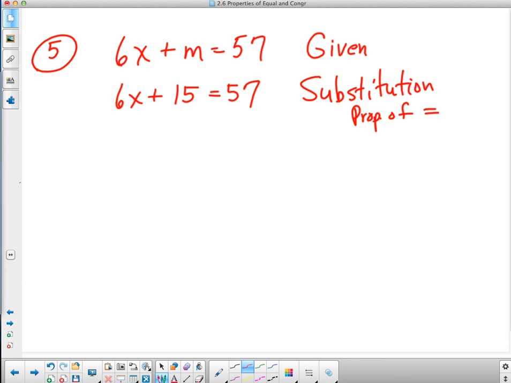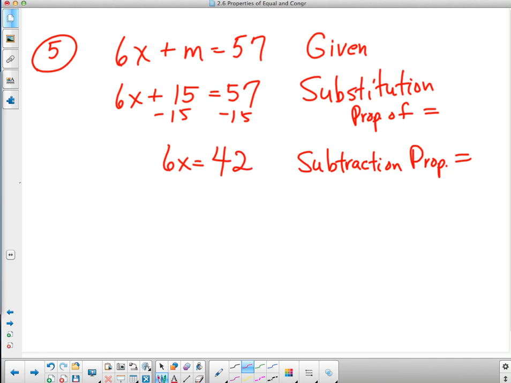Subtraction property of equality, saying subtract 15 from each side. So we get 6x equals 42. Divide by 6. Okay, that was division property of equality. Oops, I forgot "property." Okay, getting the hang of it?